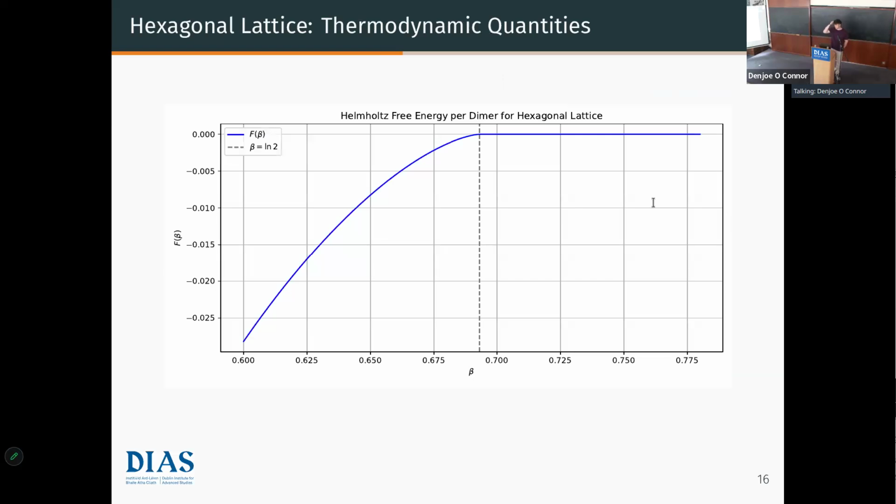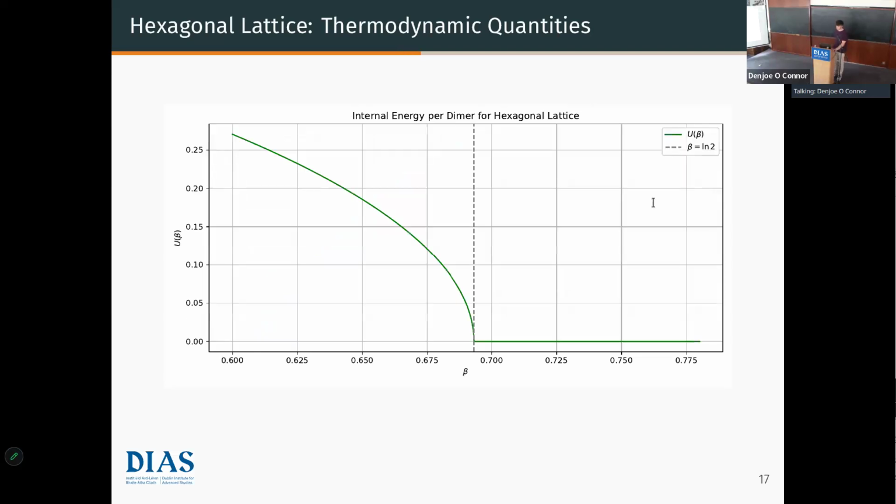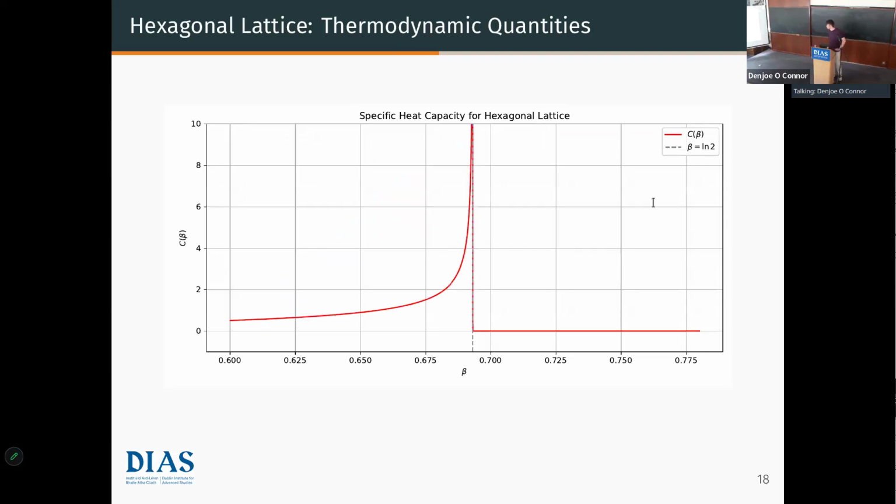And indeed, you see at that point it just goes into that frozen region here. So it's continuous for the Helmholtz free energy per dimer. It's also continuous for the internal energy per dimer. But when we look at the specific heat capacity, we can see a continuous, or second order, phase transition.